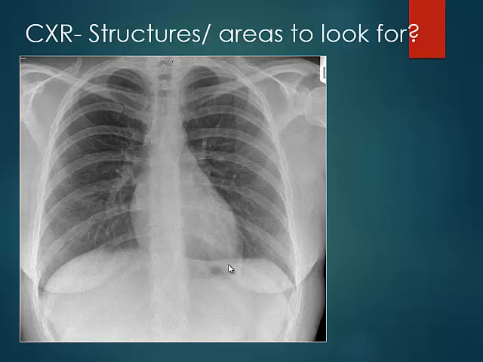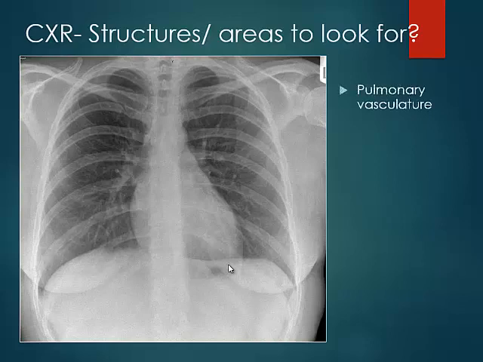Pulmonary edema. You mean the lung parenchyma, or you mean the pulmonary vessels? So pulmonary vessels are important. From a cardiac perspective, pulmonary vessels are important. But obviously you're looking at the lung parenchyma as well, looking at the hila, you're looking at the bones again. So all these provide different information.